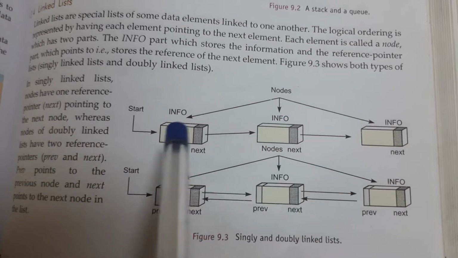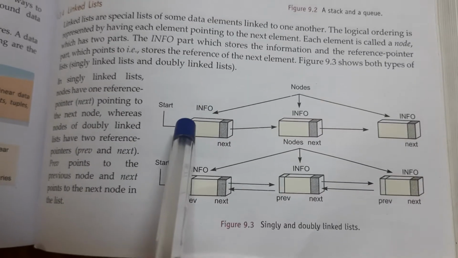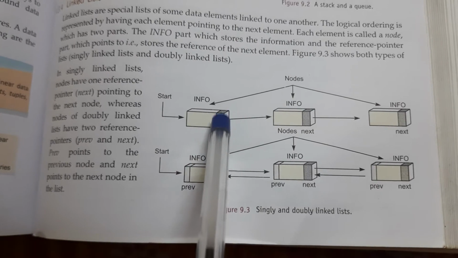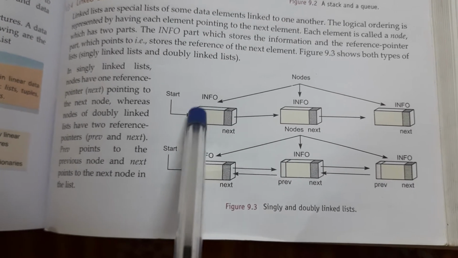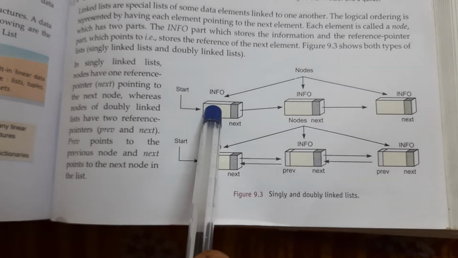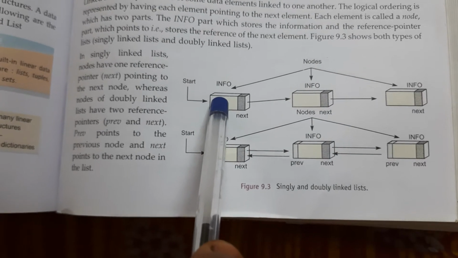See here, these boxes are called nodes. Each box has two parts. Look, one is the yellow part and the other is the shaded one. This yellow part is called the info part. Everywhere this is very important. Even in C++ we taught the same thing, no change at all.